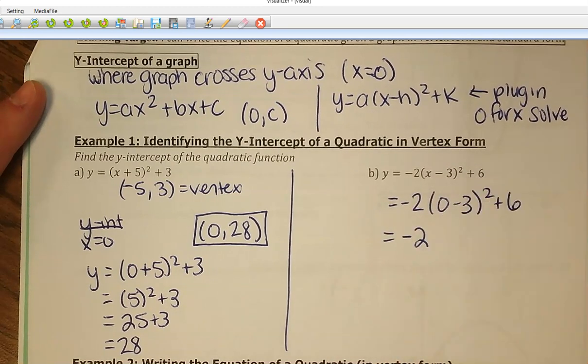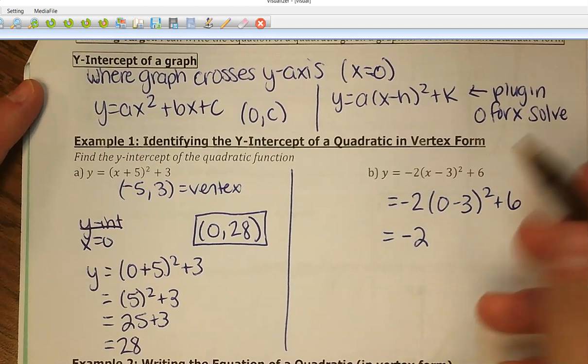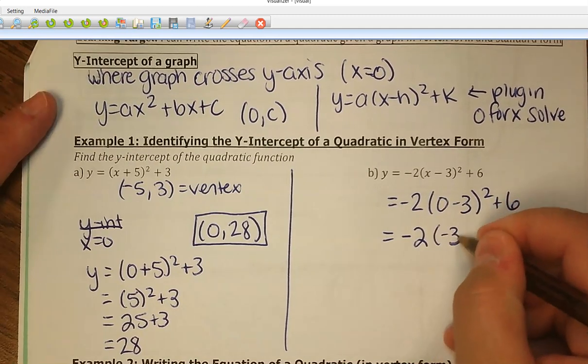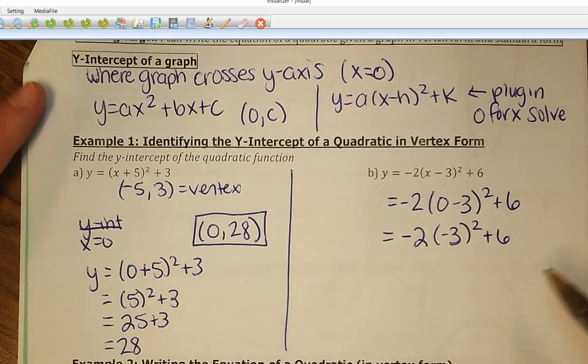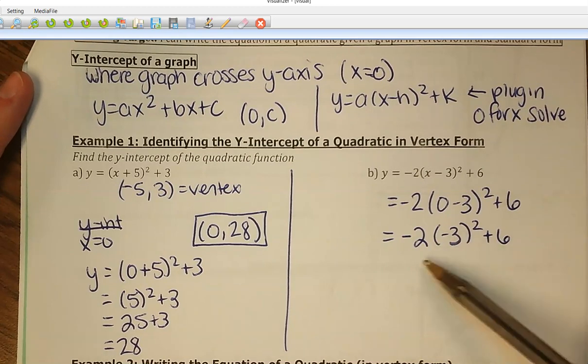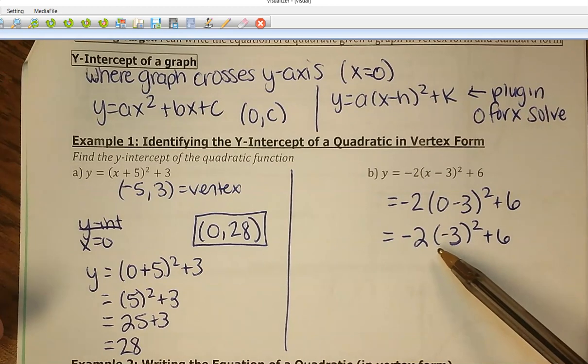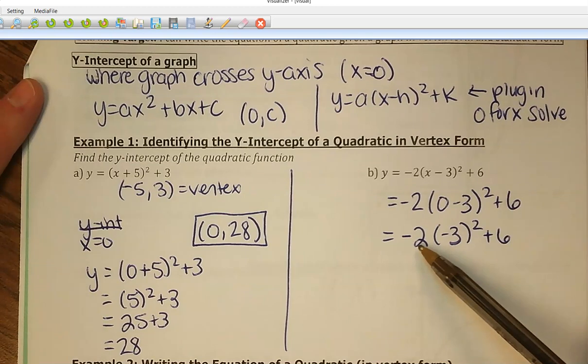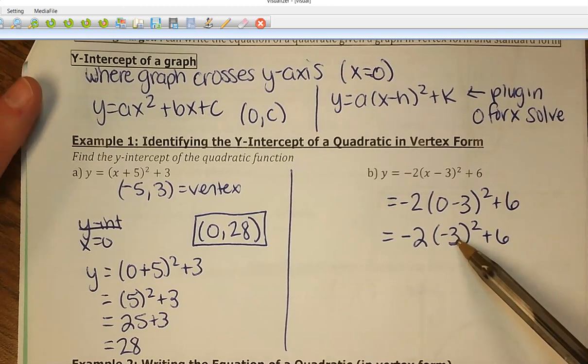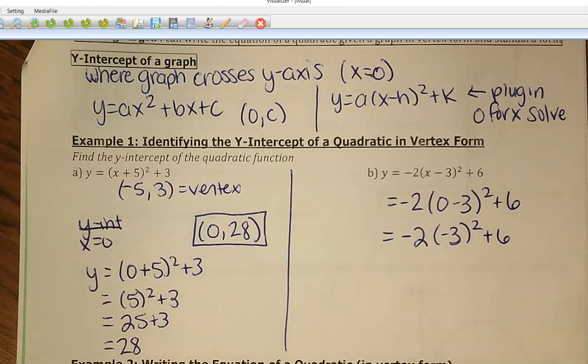Now, the most important thing I want to point out here: 0 minus 3 is negative 3, squared. Especially with this type of setup, the biggest mistake people accidentally make is they multiply the negative 2 and negative 3 and then square it. Your order of operations has you do exponents before multiplication.